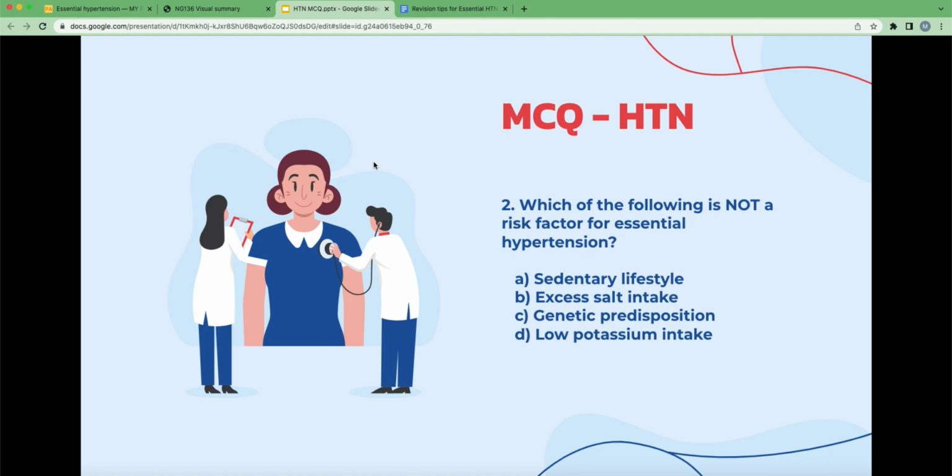The answer will be D, low potassium intake. That is not a risk factor for essential hypertension.